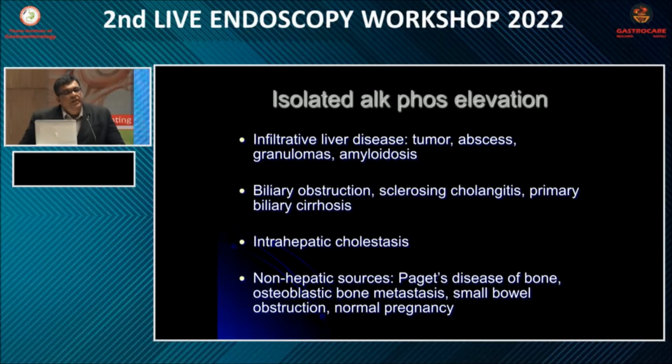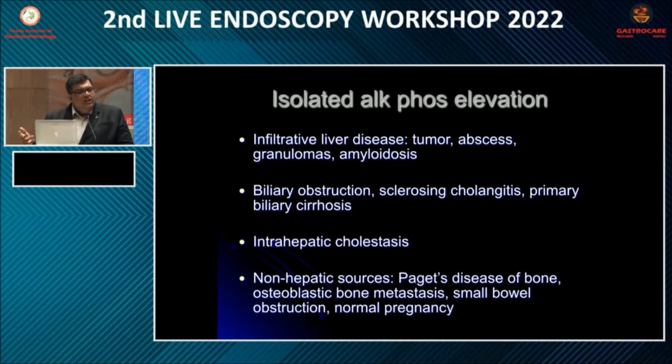Then if somebody has got alkaline phosphatase elevation for a long period of time, last 2 months, 3 months, 4 months, what are we dealing with? We could be dealing with an infiltrative liver disorder, with the classical example being tuberculosis of the liver or sarcoidosis of the liver, or we could be dealing with a chronic biliary obstruction.